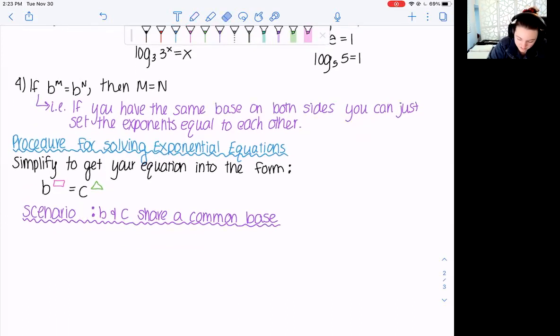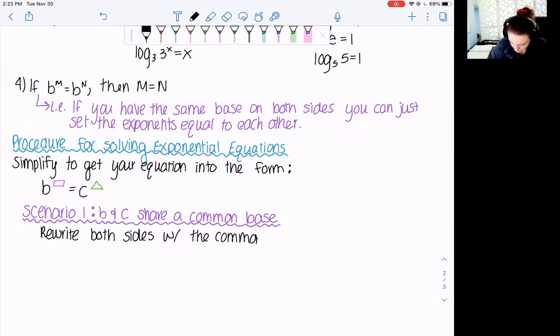I'm going to call it scenario 1. So you're going to rewrite both sides with the common base.